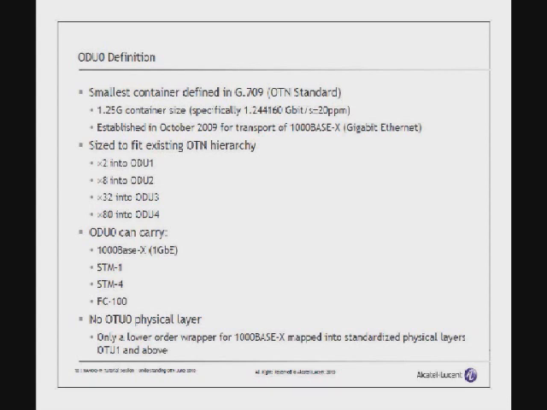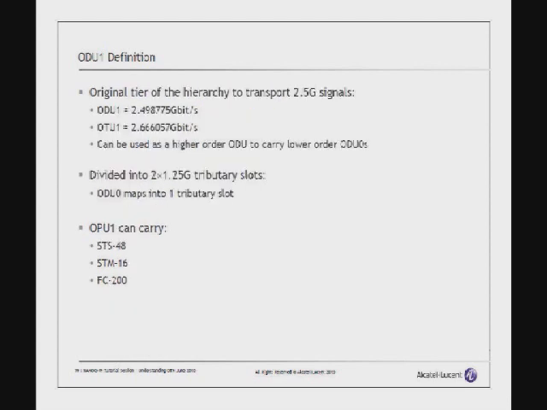And I've already stated that it is not a physical interface or physical container that goes out onto a wavelength. ODU1 is the first point at which the OTN is put onto a physical wavelength. We've talked about these rates, and it can either be subdivided into two 1.25 gig slots or be the full data rate.